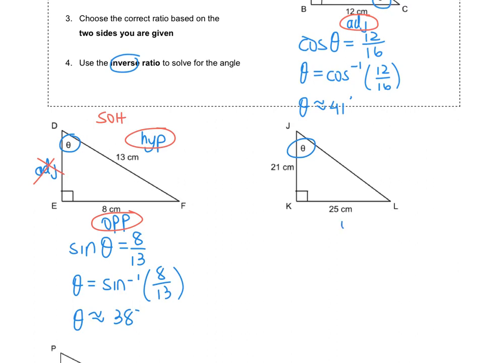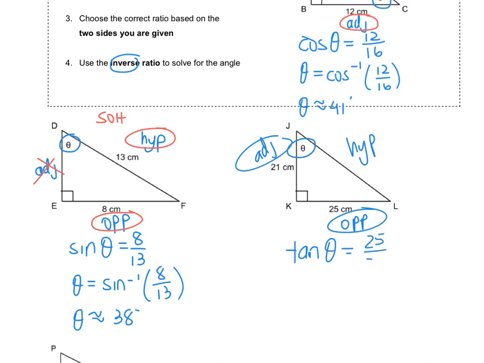All right, so opposite is 25, adjacent is 21, the blank side is the hypotenuse. So we're given opposite and adjacent, so I hope you chose tan as your ratio. So tan theta equals 25 over 21. If you went the other way around and wrote 21 over 25, that would be wrong because it is not adjacent over opposite.